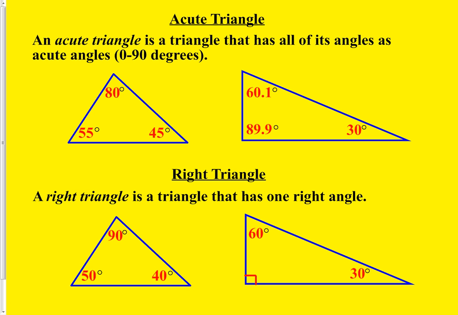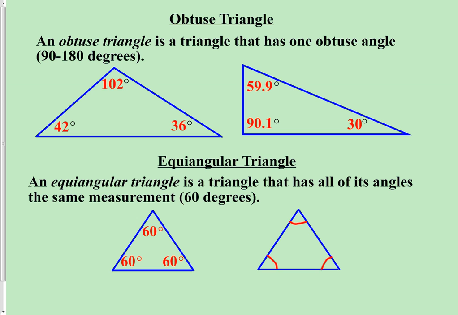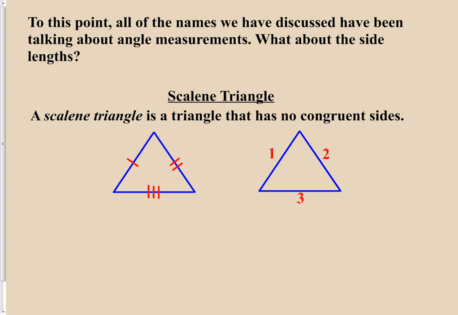So if the third angle of the triangle is also acute, then we're going to call that an acute triangle. If the third angle is 90 degrees, we'll call that a right triangle. If the third angle is obtuse, then we'll call that an obtuse triangle. And if all of our angles happen to measure exactly 60 degrees, then we will call that equilateral. I'm sorry, equiangular.